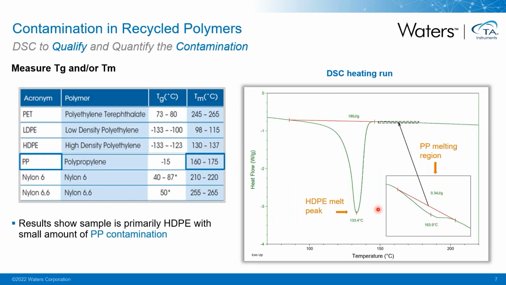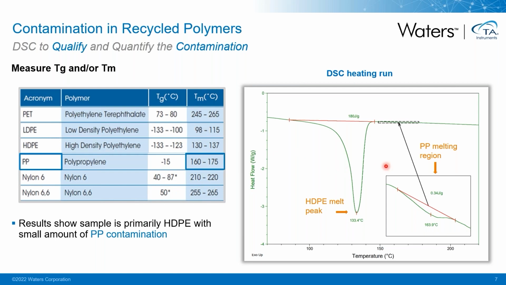Now, DSC can also be used to qualify the contamination in recycled polymers if that contamination is of organic nature. The reason that we can make this qualification with DSC is that the different polymers have quite distinct glass transitions and melting temperatures.